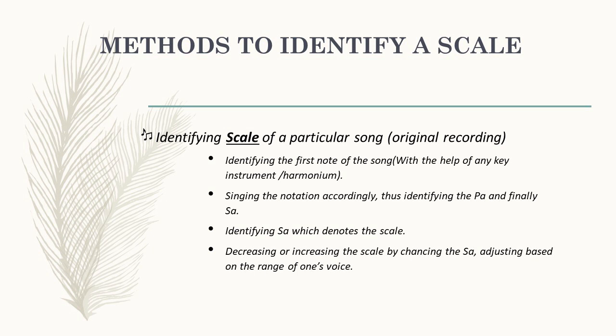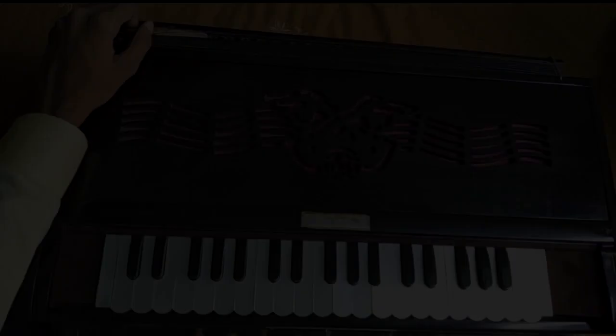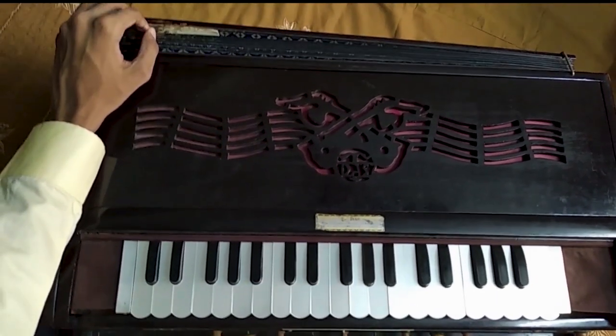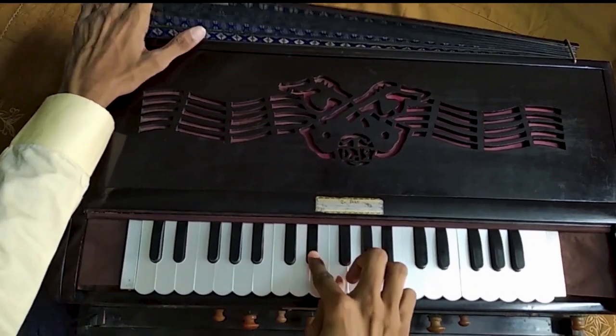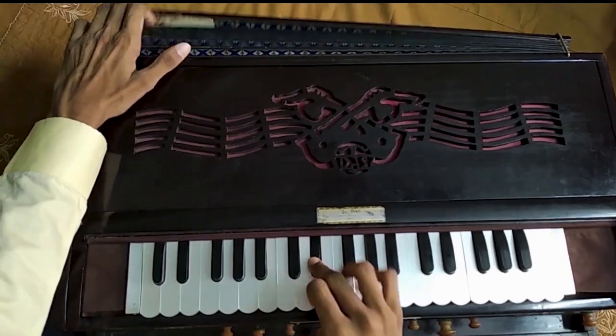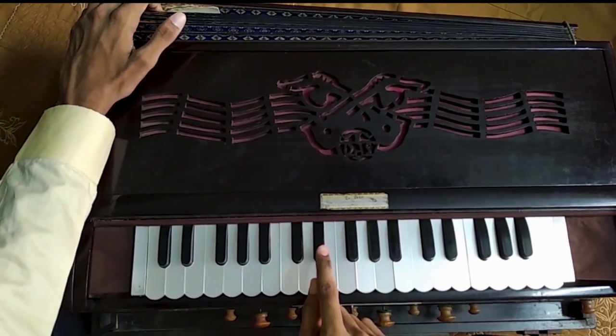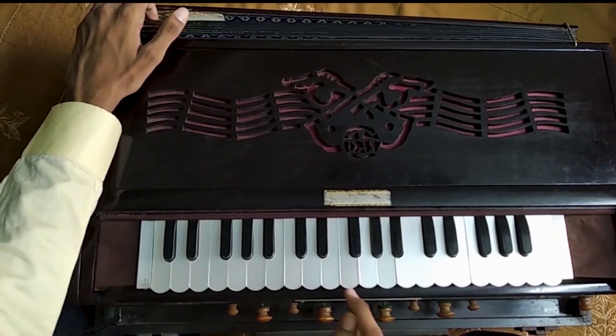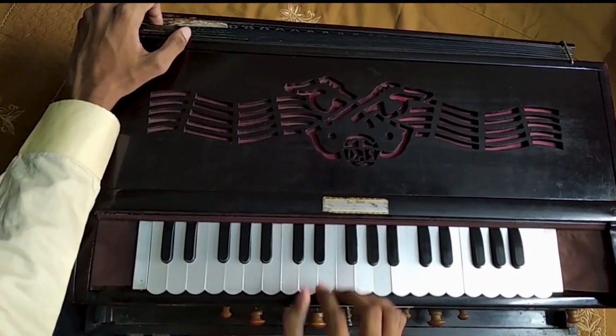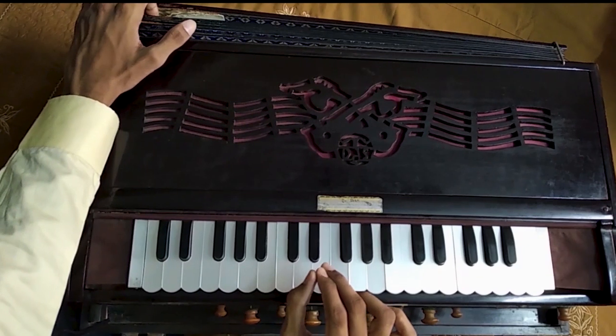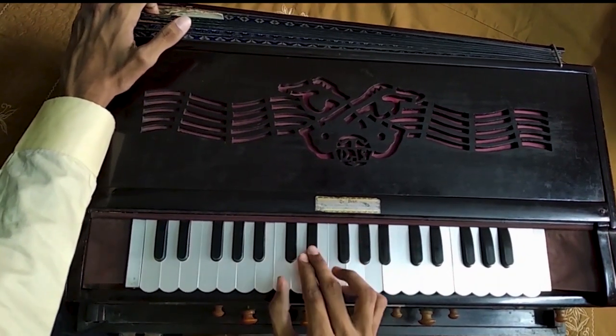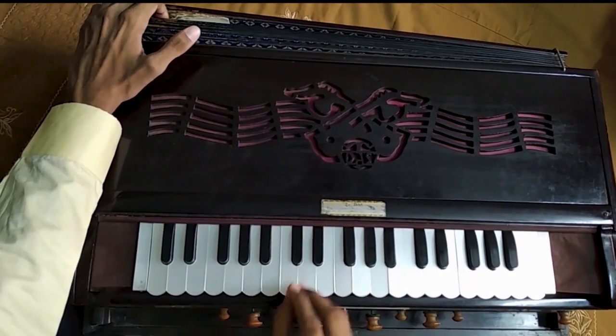Now please see the harmonium once. Now, this is scale D sharp. This one is D sharp sa. And while singing this song, Tere Mere Milan Ki Ye Rehna, suppose I am feeling a bit of a problem in the upper notes.